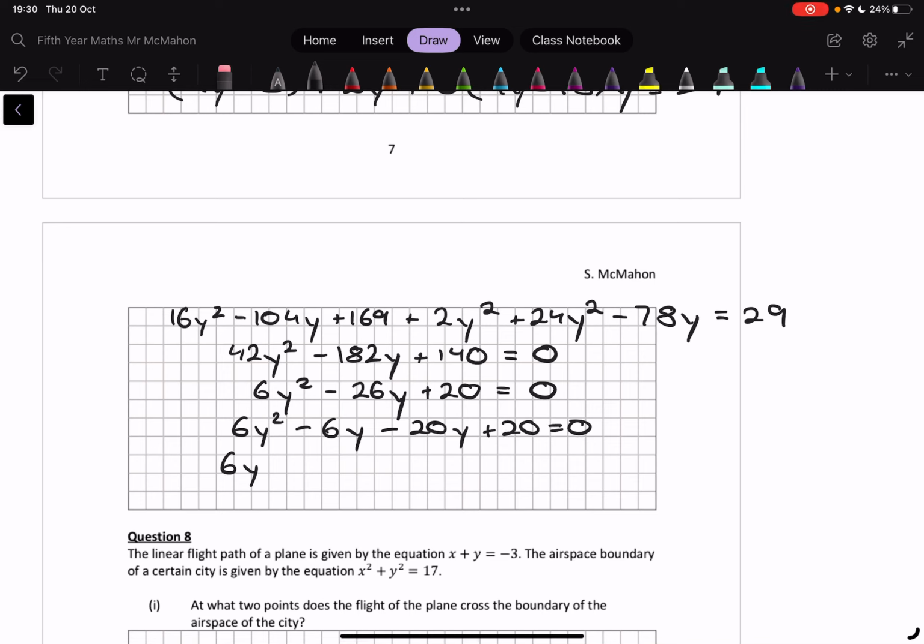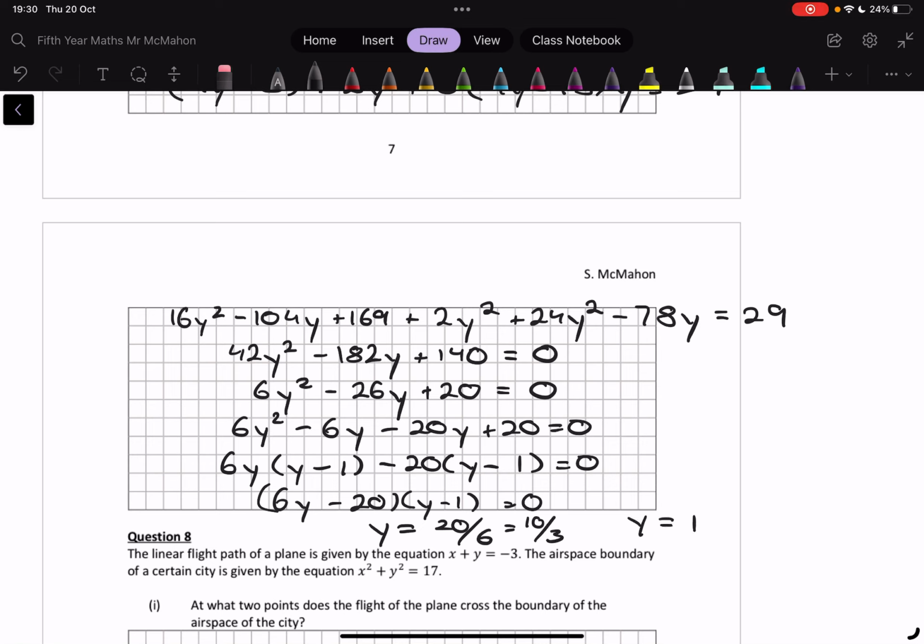And again, we follow through the same as we've done now for countless other questions. Factorising, and then rearranging our answer. So our answer works out to be 20 over 6, which we can break down to 10 over 3, and y is equal to 1. And those are our two values for y.